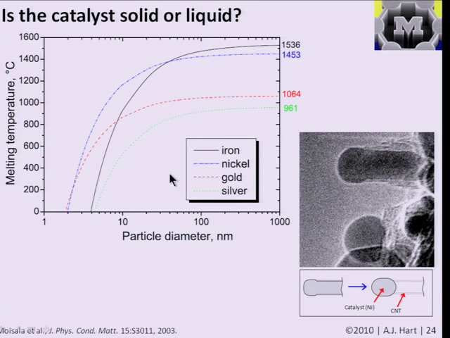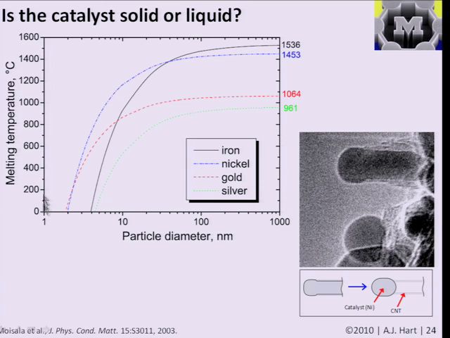And another important and practical aspect of melting point suppression relates to the synthesis of things like nanotubes and nanowires, or the migration of nanoparticles on surfaces. And so similar computations can be done for pretty much any solid if you know the parameters that we had in our equation.